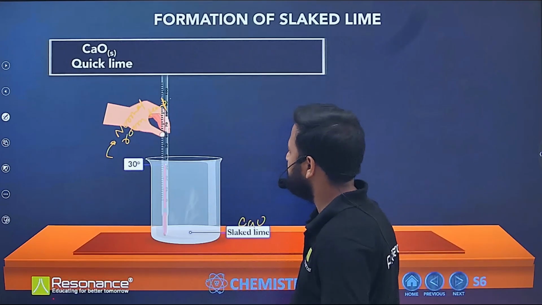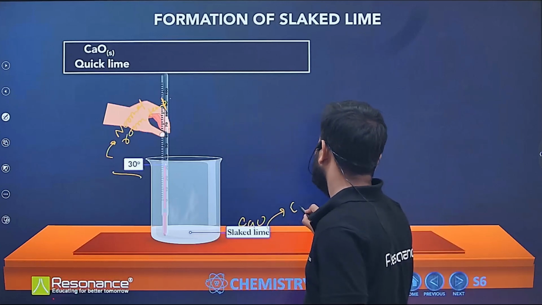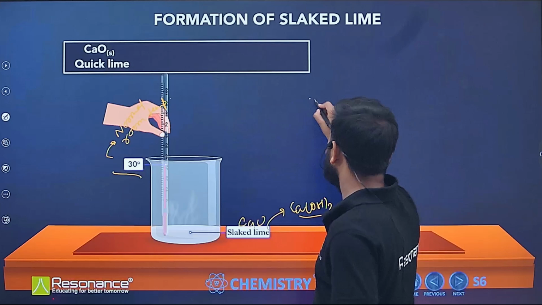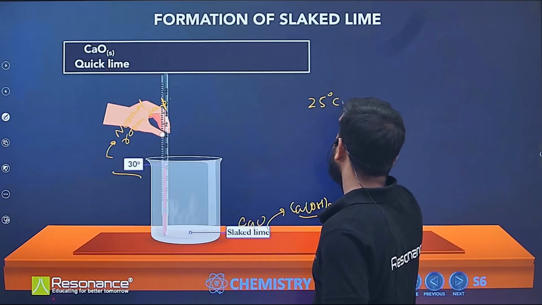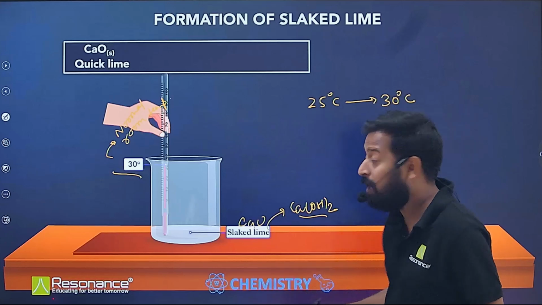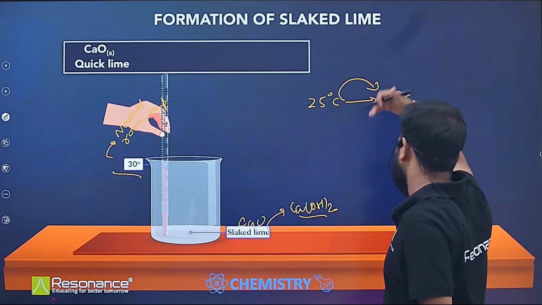Actually it has changed. Now it is 30 degrees Celsius, and slaked lime, that is calcium hydroxide, has been formed. We will see what reactions are happening, but you can see earlier our temperature was 25 degrees Celsius. Now it has gone to 30 degrees Celsius. It means the reaction has taken place, that's why the heat has increased.